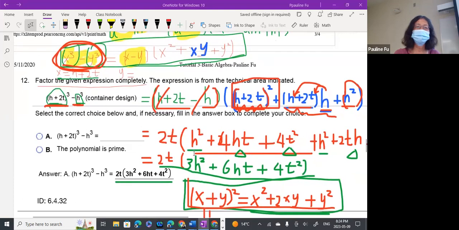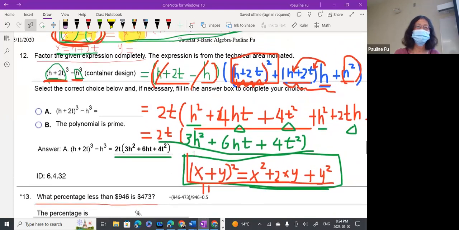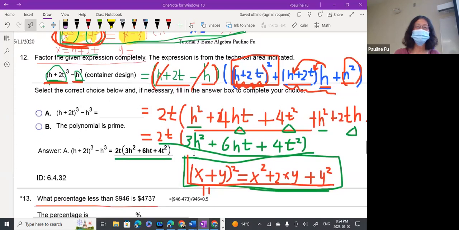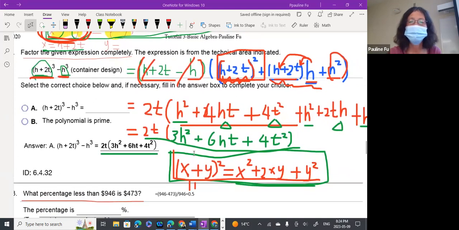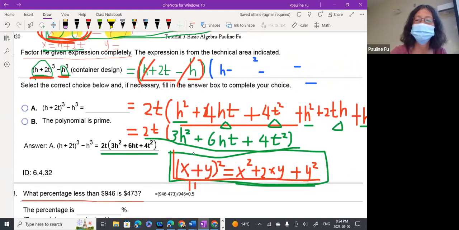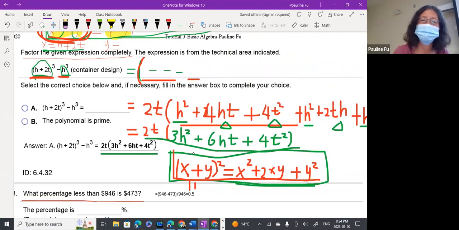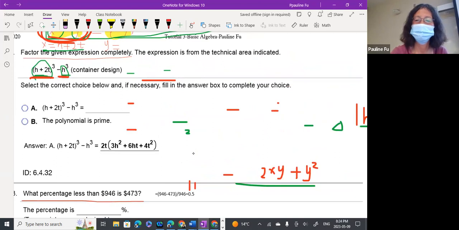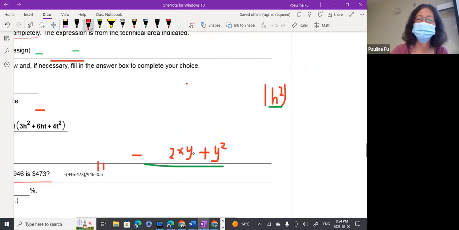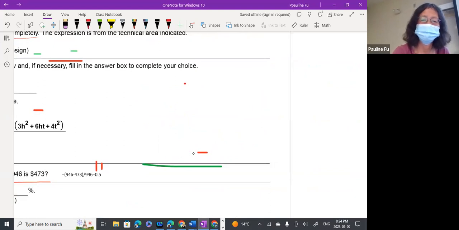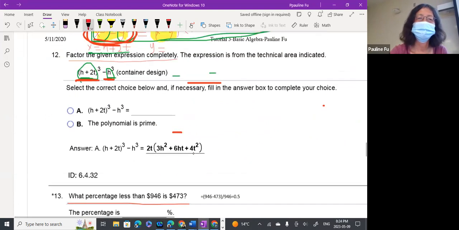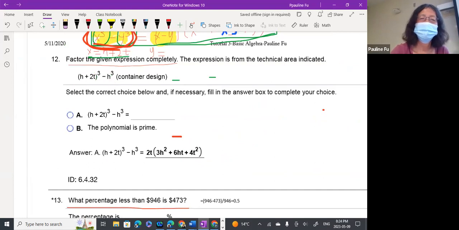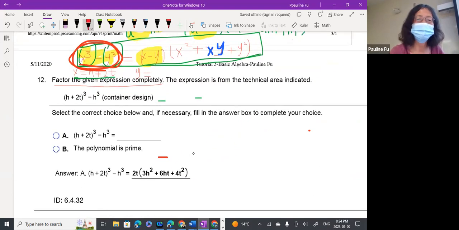This one here, question 12. Factor the given expression completely. Let's do this one. I'll remove everything. Okay, so you need to use the formula. The formula is here.